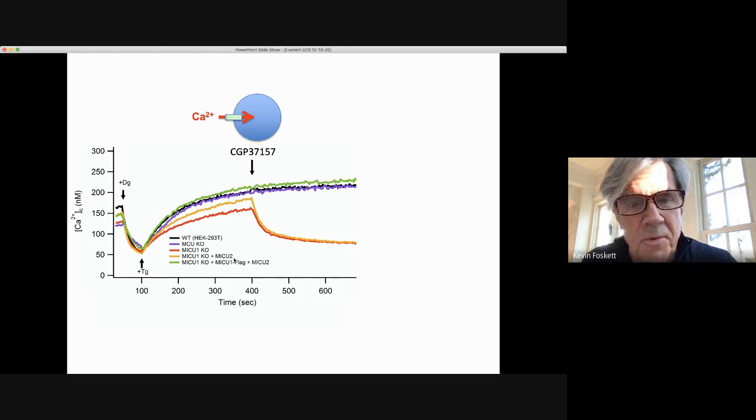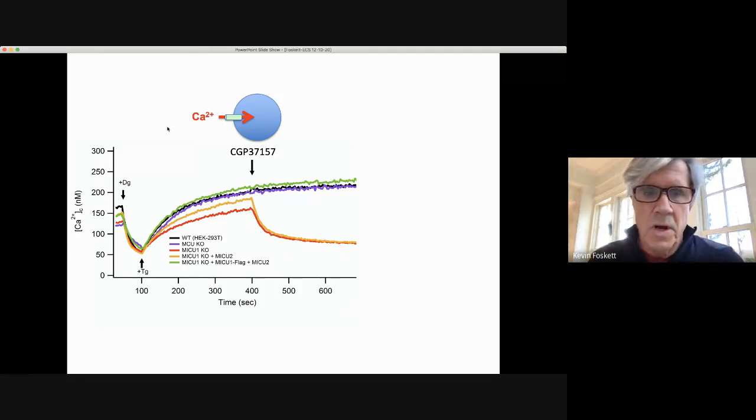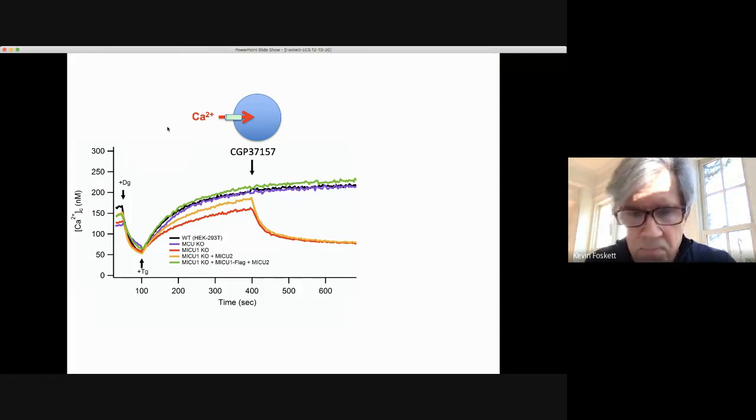So this is absolutely dependent upon MICU1. There is a constitutive leak, constitutive activity of MCU in the very low calcium concentration regime.